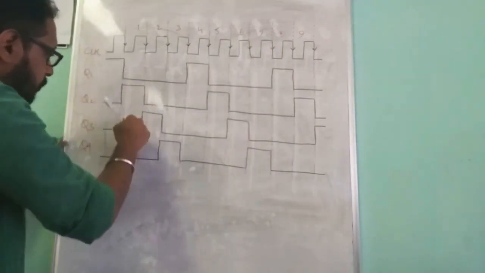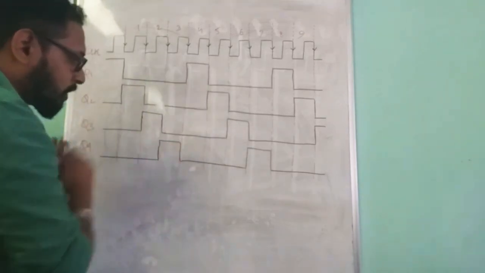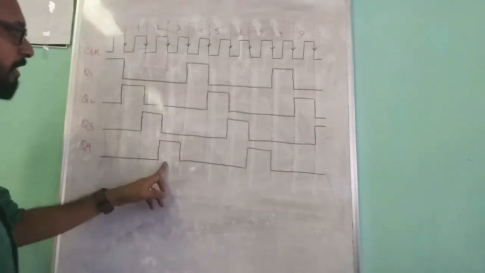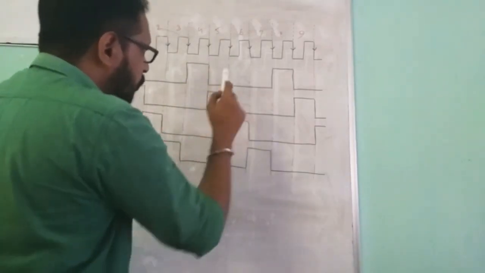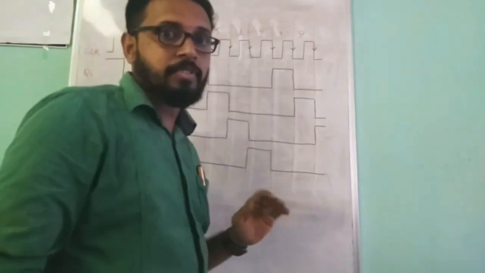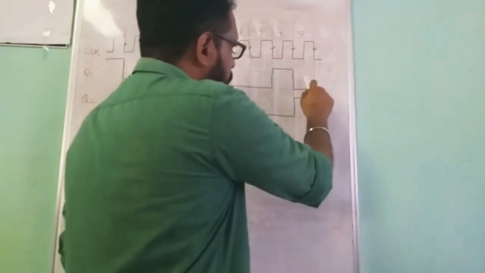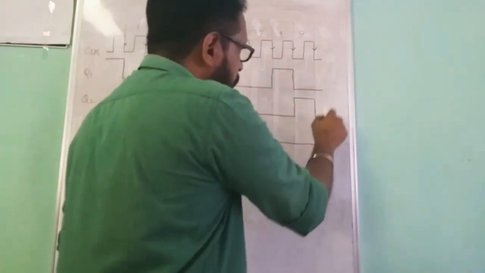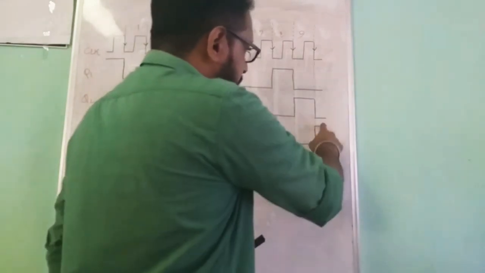So 0, 1, 0, 0, then 0, 0, 1, 0, then 0, 0, 0, 1, the high case. After that, again 1, 0, 0, 0, again 0, 1, 0, 0, 0, 0, 1, 0, 0, 0, 0, 1. Likewise, this is again a high case.